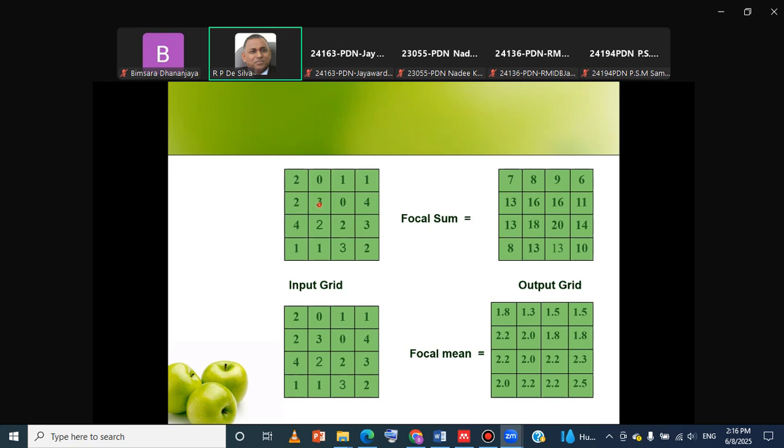Now, if this is 1 and this is 1, right? If it is 0.5, if it is half, we have to calculate accordingly, right?